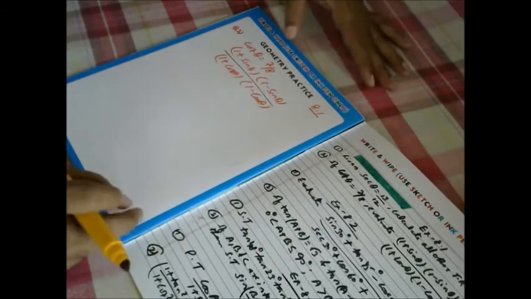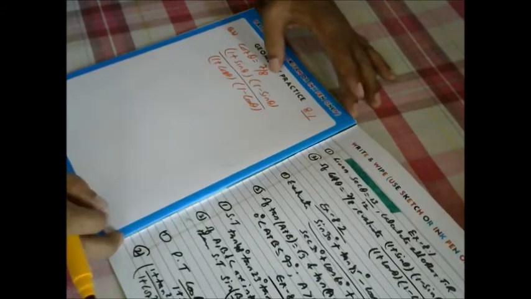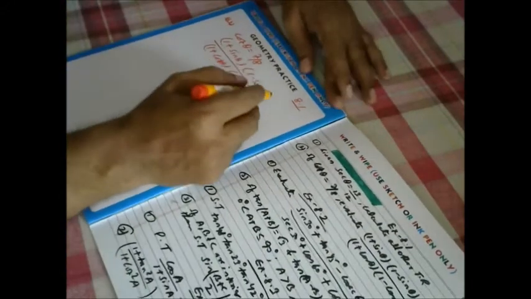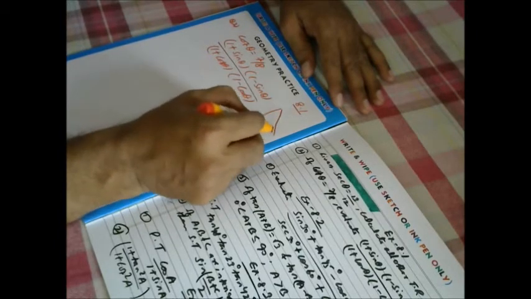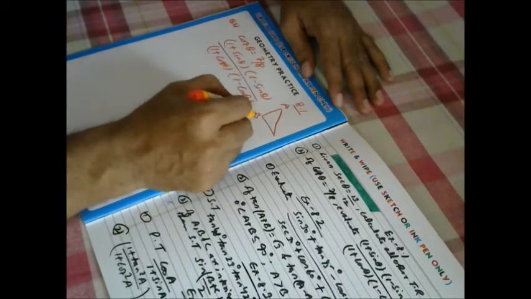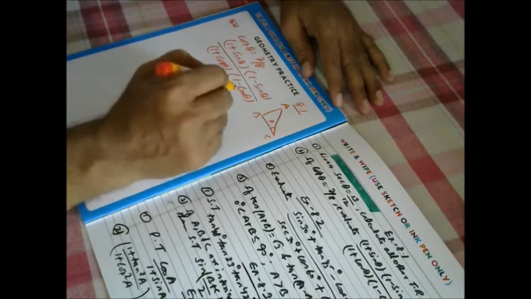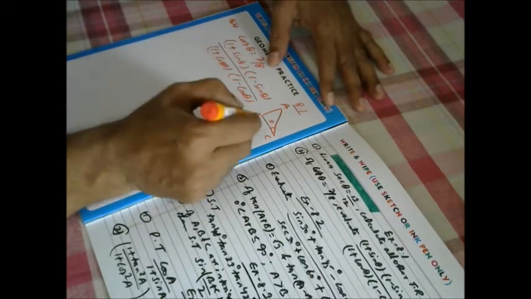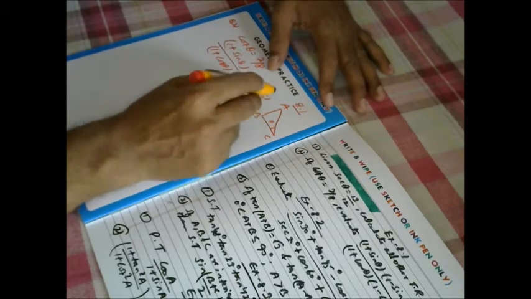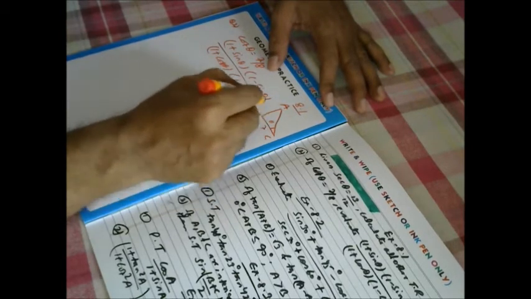Now cot theta is given to us as 7 by 8. So we'll go for a similar case as we have done earlier, and we will make a right angle triangle. If cot theta is equal to 7 by 8, cot theta is BC by AB, so it is 7 and it is 8.